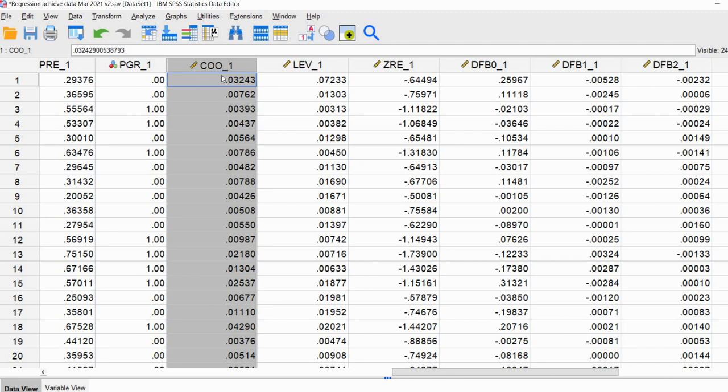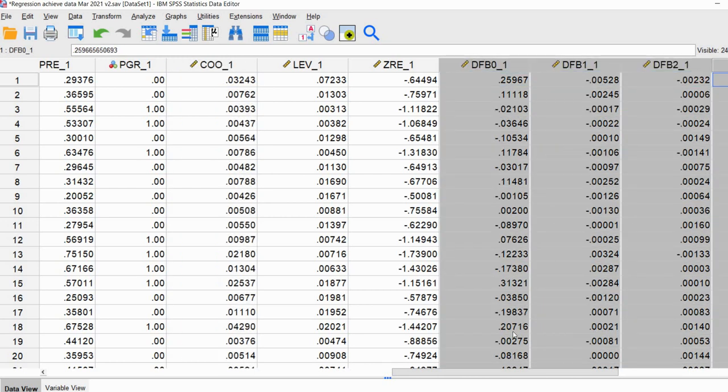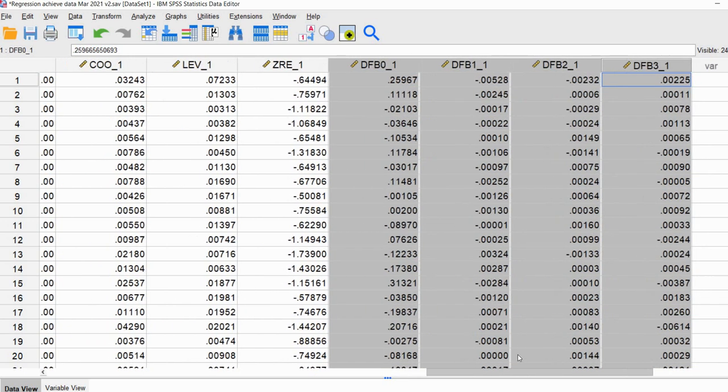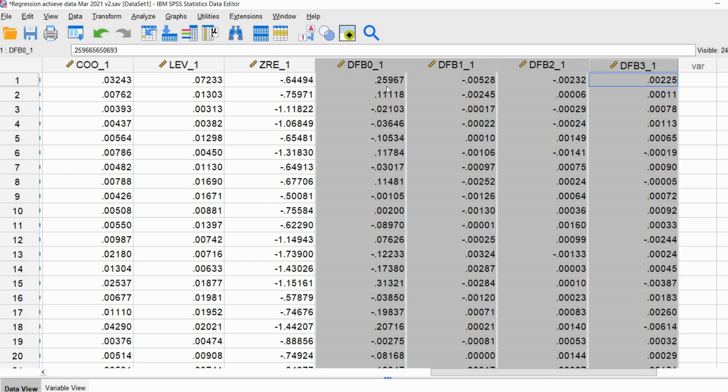You could think about Cook's D as a general measure of the extent of influence of a case on the overall model, whereas these indices right here are the standardized DF betas, and they convey information about the influence of individual cases on the specific regression parameters.